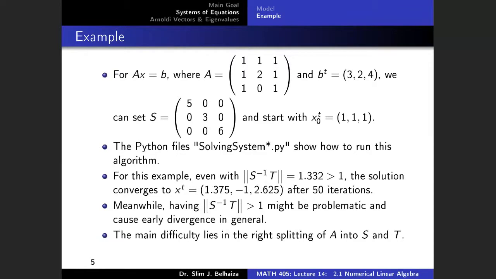I intentionally chose S to be just a diagonal matrix, and I started from x0 equal 1, 1, 1. With these Python files I'll upload just after the class, even with a magnitude of S inverse times T a little bit higher than 1, we were able to converge towards the exact solution to our linear system in 10 or 20 iterations, as I remember. Okay? But still, the main difficulty lies in the right splitting of A into S and T.